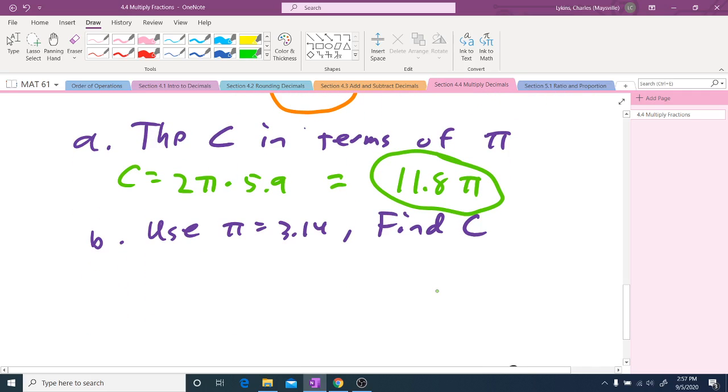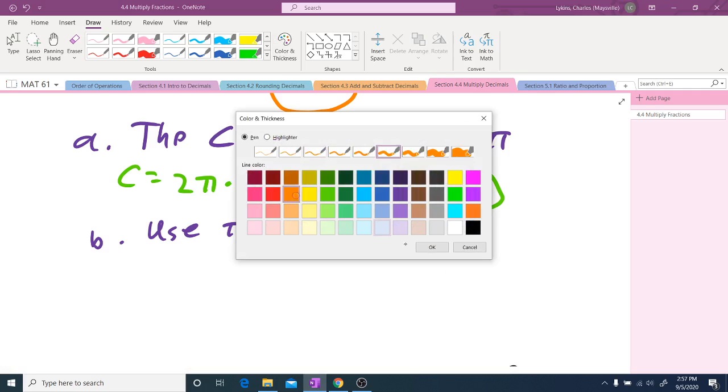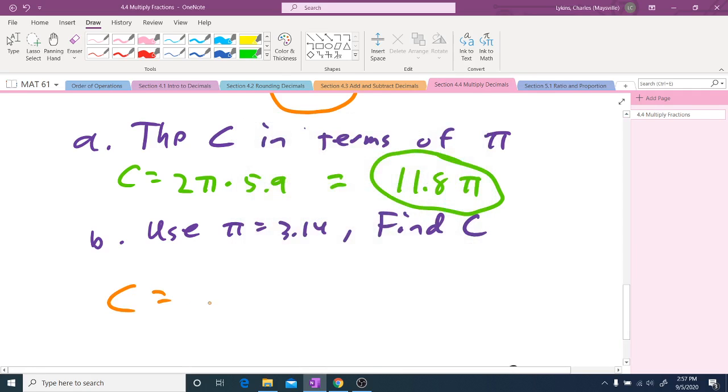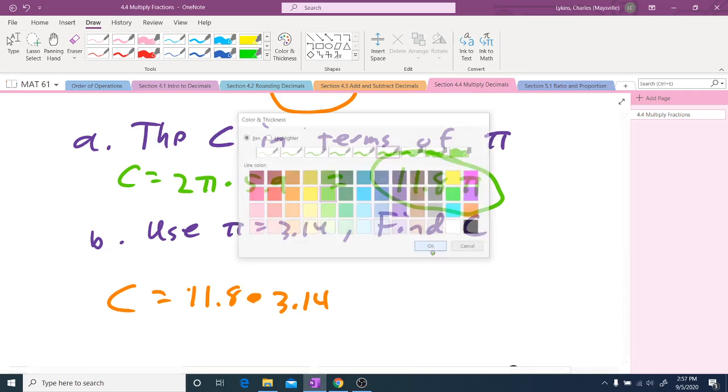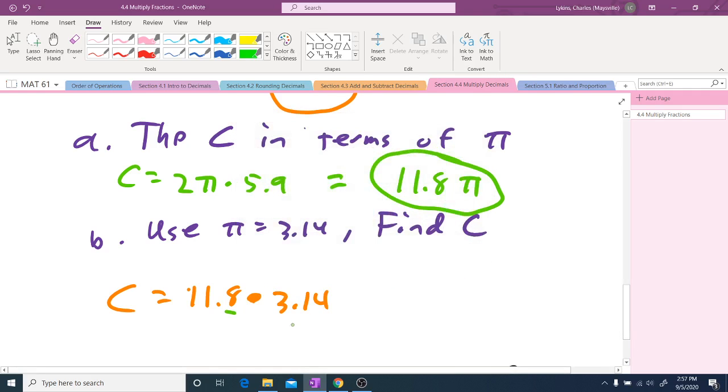Part B, on the other hand, is when you would actually multiply 11.8 times, for my pi I'm going to use 3.14. But remember our rules of multiplication. I got 1 decimal, 2 decimals.